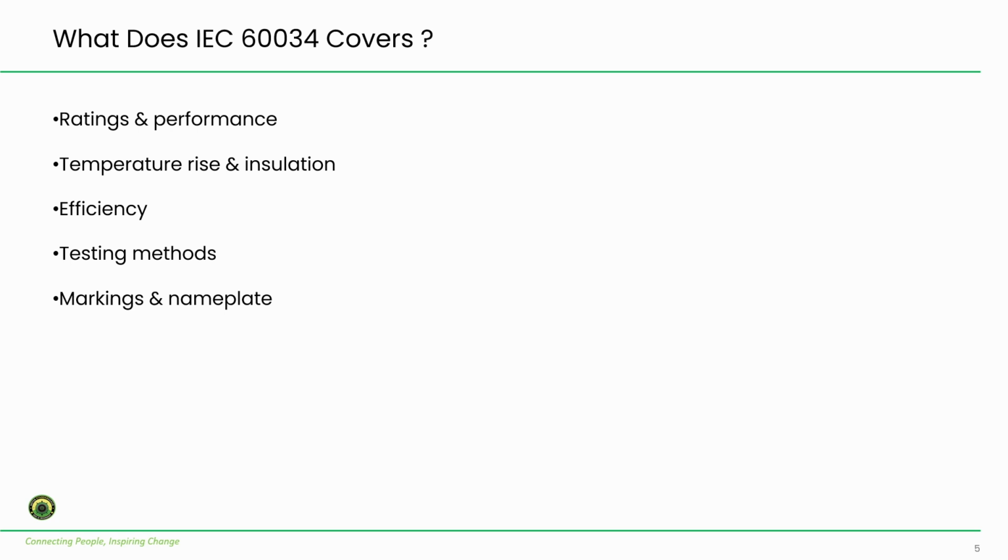Those are given in the tabular format. Testing methods by which efficiency should be determined, then cooling methods and protection. Testing and acceptance criteria for this machine. Each part of the IEC 60034 focuses on a specific topic, which we will explain in the upcoming videos.